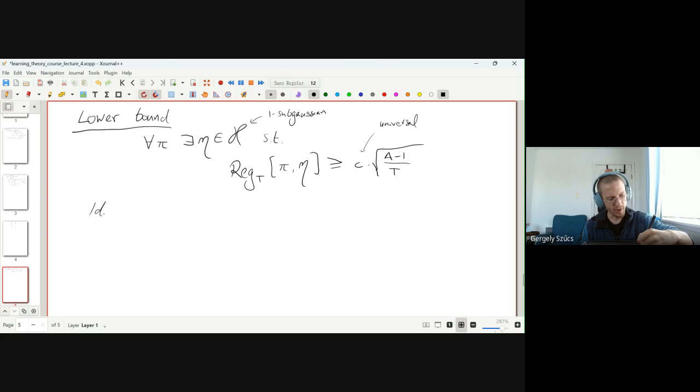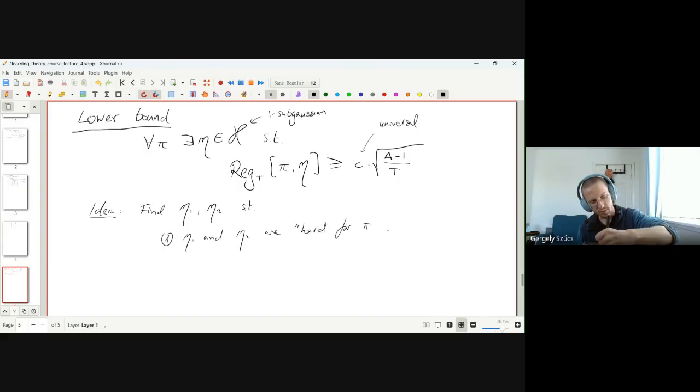So the idea behind getting such a lower bound is to find two bandits, eta 1 and eta 2, which have two properties. One is that eta 1 and eta 2 are kind of hard for pi to distinguish.